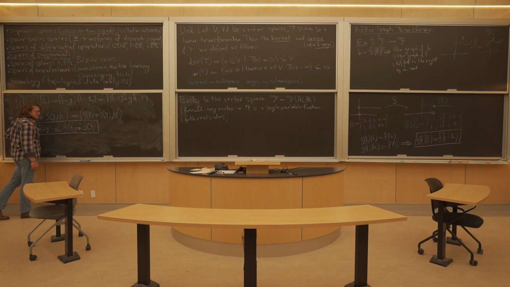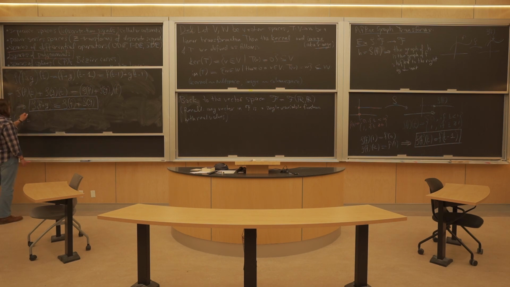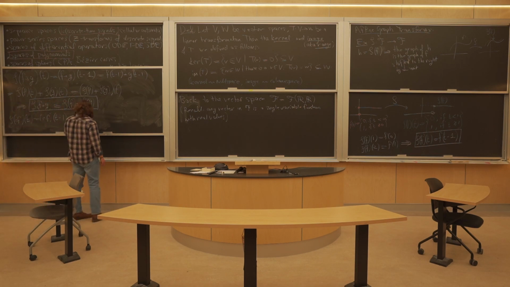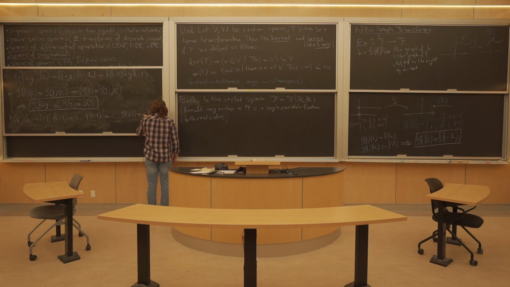We need to check one more thing for S to be a linear transformation, that is about the scalar multiplication of functions. And let's verify this super fast as well. S of c times f at t is c times f evaluated at t minus 1, which we know to be the same thing as c times f of t minus 1. But then I know that this is s of f. C times s of f at t.